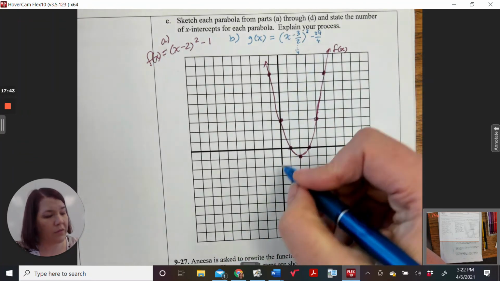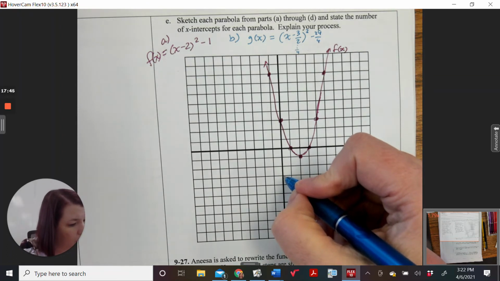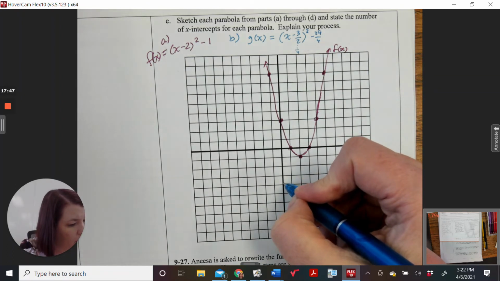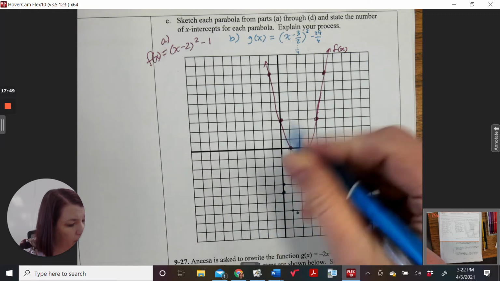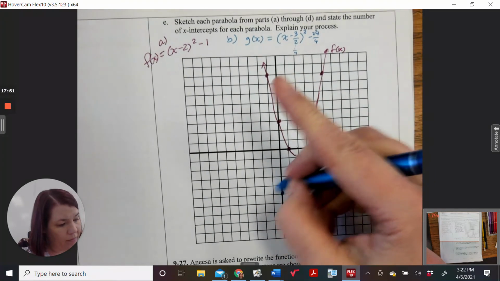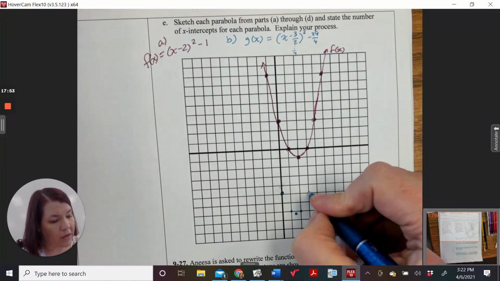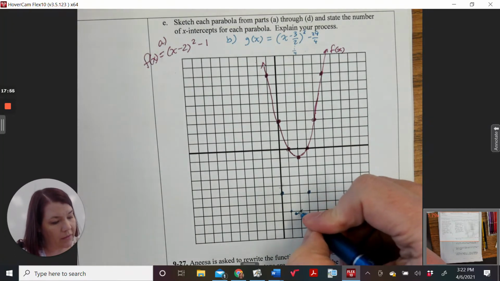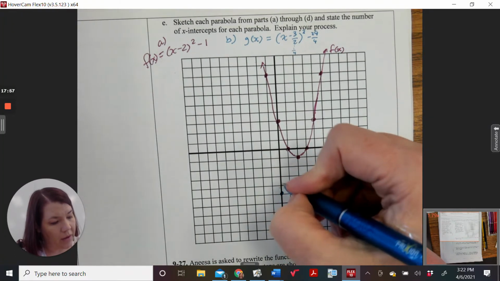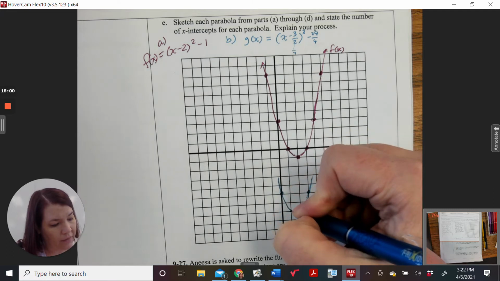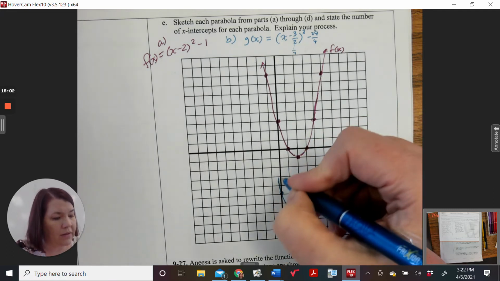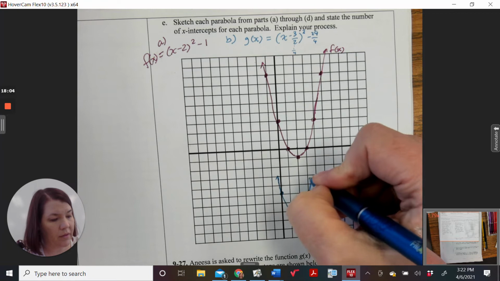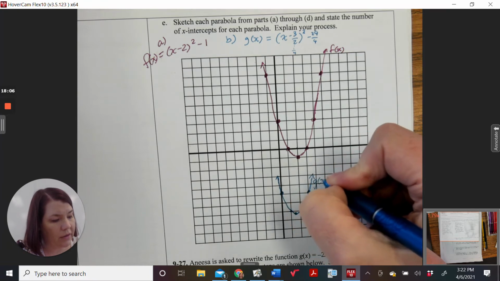Negative 20 over 4, so that's 5. So right there. So I'm plugging in numbers and using symmetry to help me, but that's enough. I'm just going to stop right here. It is the same graph. It's just funky, but it is that graph shifted down. That will be g of x.